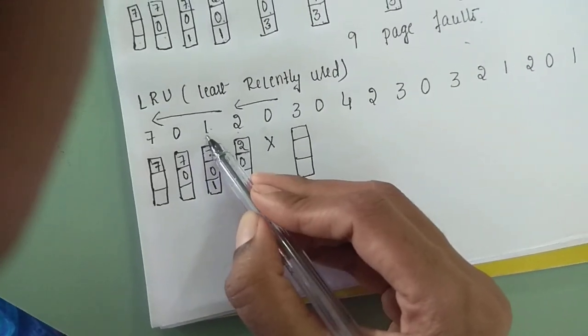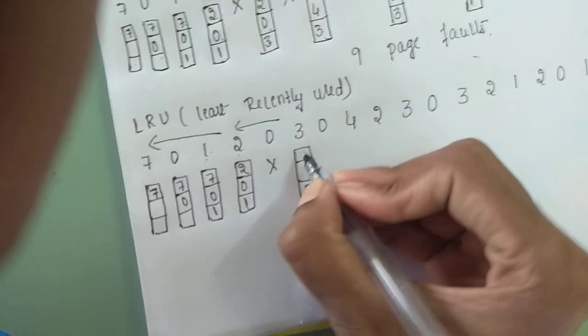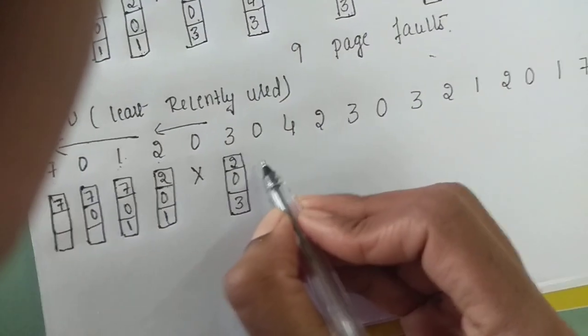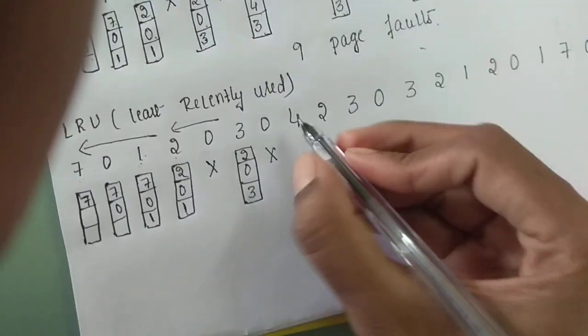I'm going to consider 1. So replace 1 with 3, and retain 2 and 0. The next element is 0. 0 is already in the frame, don't consider this one.